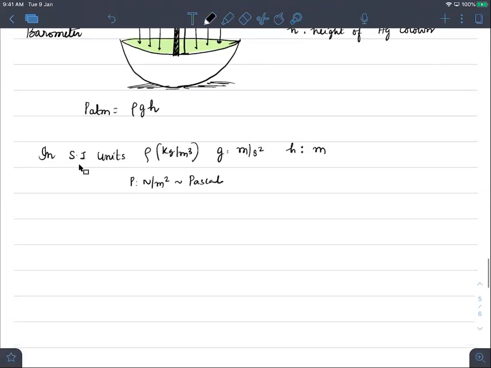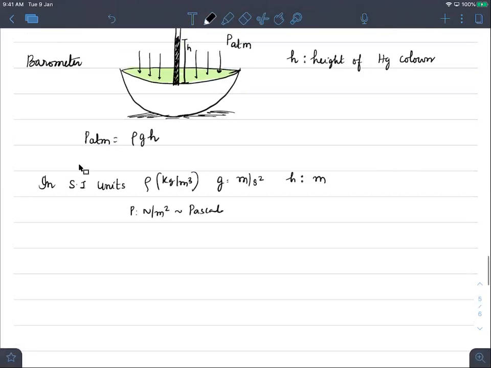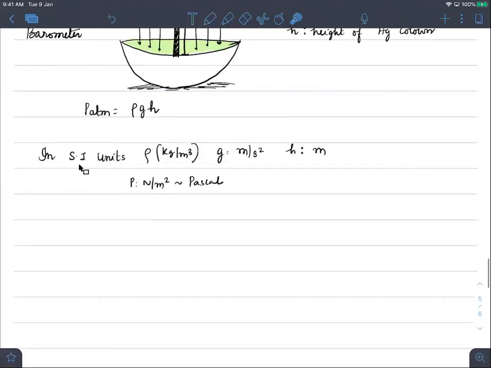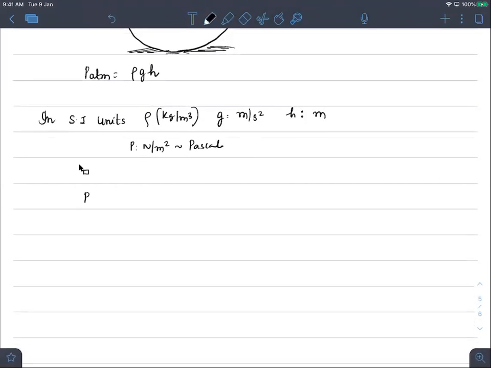Generally, the air around us, over the surface of the earth, exerts a pressure of approximately 1.013 into 10 raised to power of 5 pascals. This much of pressure is being exerted by air approximately.